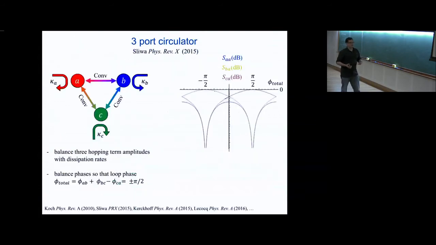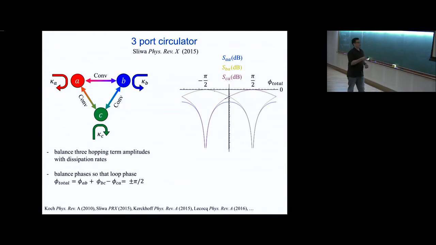Okay. I'm not going to really talk too much about the full 3-mode devices today. We've kind of taken a step back, but this has been experimentally realized by my old group at Yale, in a paper by Katrina Sliwa. The easiest one to wrap your head around is the circulator. So if you kind of think about photon hopping between 3 modes, we can control, if you like, the strength of the photon hopping between all 3, and we can imprint this non-reciprocal phase on them as we choose.